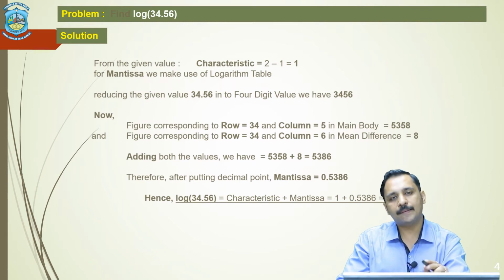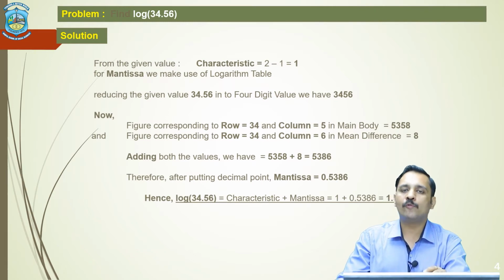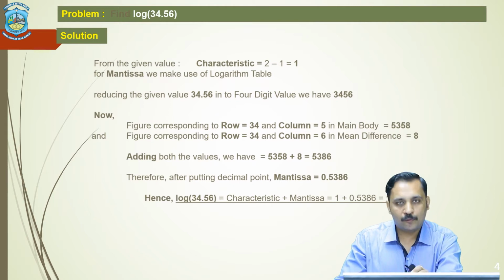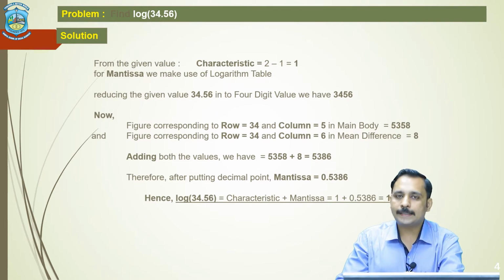Again, we take the same row number 34 and we move on to the column number 6 in the mean difference part and note down the value. The value is 8. We add these 2 values, that means 5338 plus 8, so we have the value as 5346. Here we put a decimal point before this answer so that our answer becomes 0.5346. This is the required mantissa.